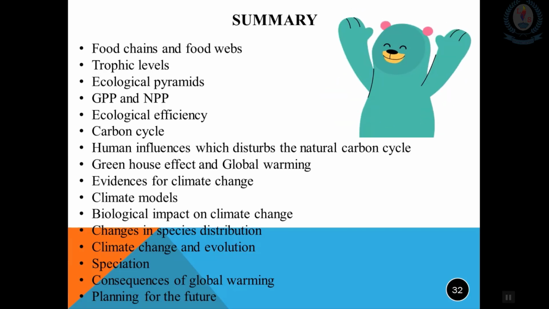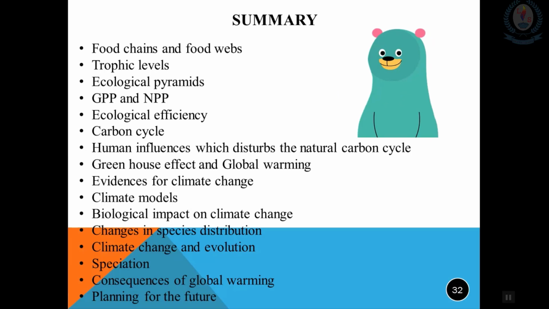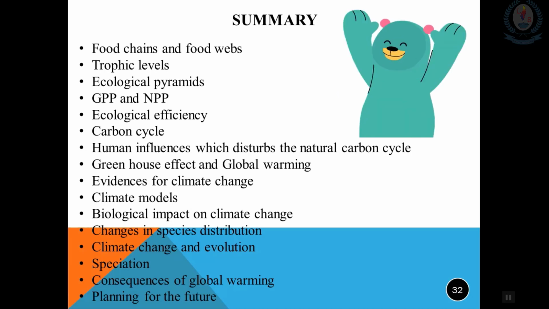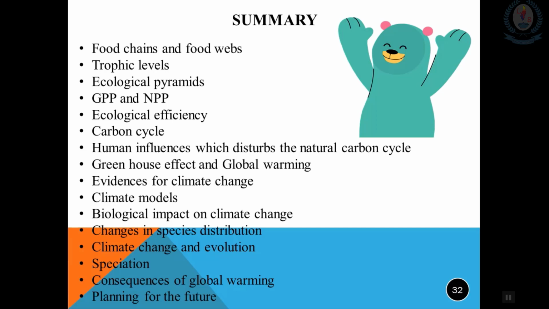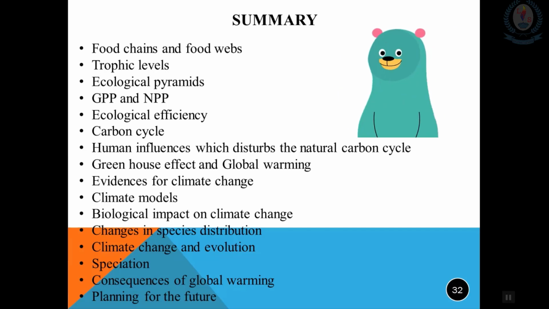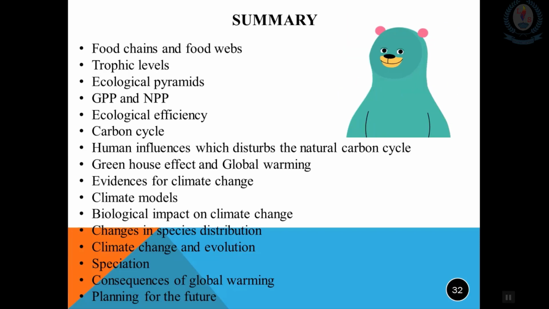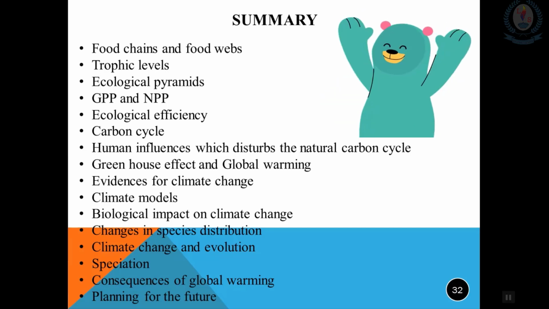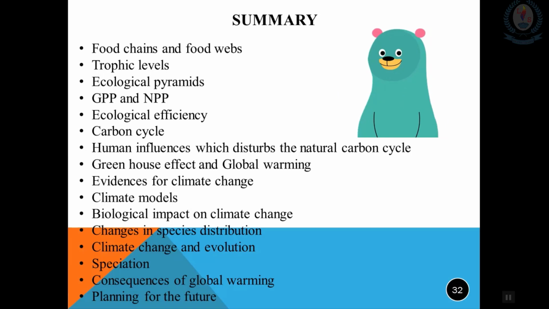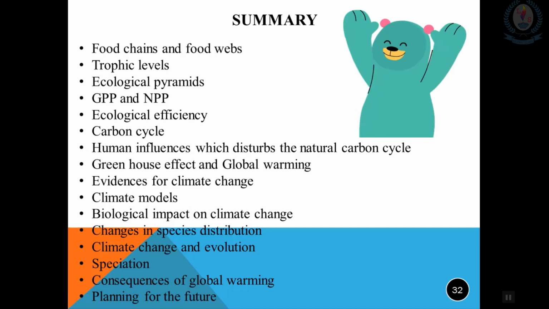So if we summarize the lesson, we discussed food chains and food webs. We discussed trophic levels, ecological pyramids, and the definitions of GPP and NPP. We discussed ecological efficiency. We discussed the carbon cycle and human influences which disrupt the natural carbon cycle. We discussed the greenhouse effect and global warming.